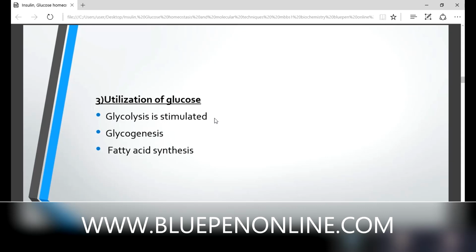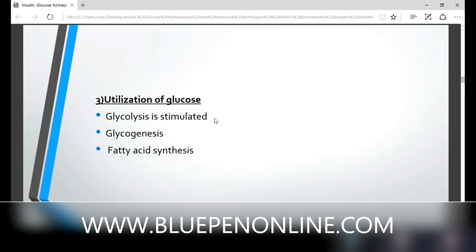From that glucose is converted into something. What is glycolysis? Glycolysis is a procedure, no ma'am? Procedure or metabolic pathway.